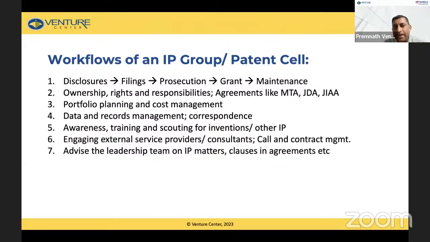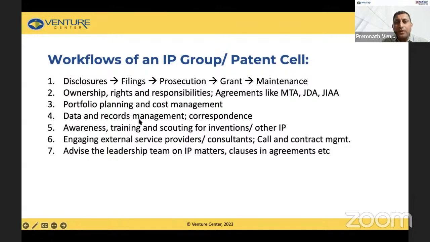Now, as I'll explain to you, the ownership is determined by the agreements and the policies. So you have to have policies in place, and you have to have agreements to define those. And very often, if you're dealing with external partners, there will be agreements such as MTAs, material transfer agreements, joint development agreements, or joint invention administration agreements that you may end up signing as well.